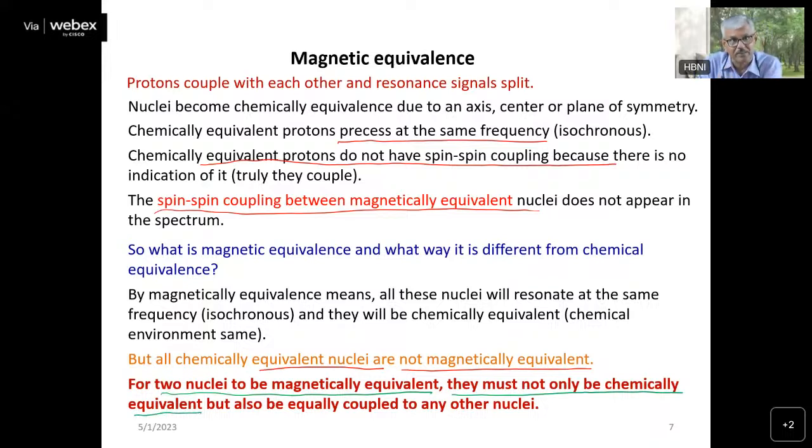That is the first criterion. But they must also be equally coupled to any other nuclei, so their coupling constant to any other nucleus has to be the same. It is not only the chemical shift, not only chemical equivalency, but the coupling constant should also be the same.